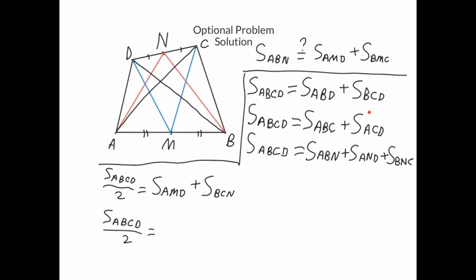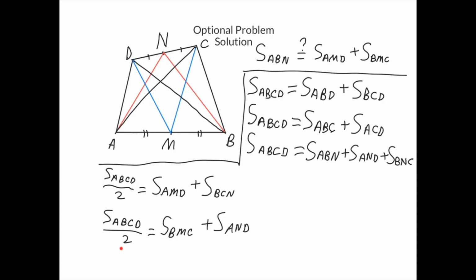I'm going to do the same thing for the second equation. The area of ABCD divided by 2, I wrote here, equals the area of ABC divided by 2. Let's see, ABC divided by 2. This would be the area of BMC. And lastly, the area of ACD divided by 2 would be, let's see, ACD. Well, that would be AND because of the median.